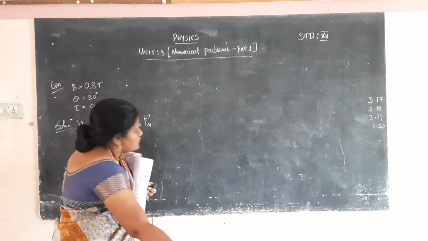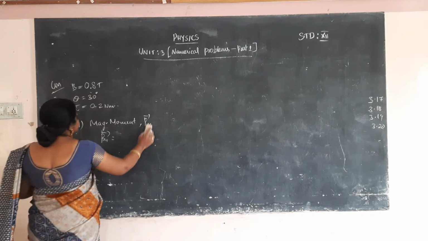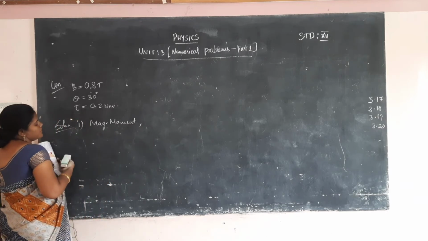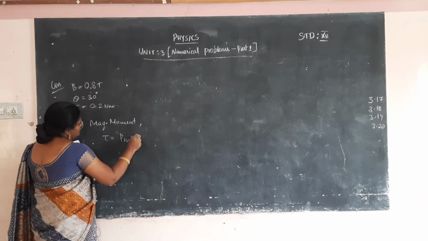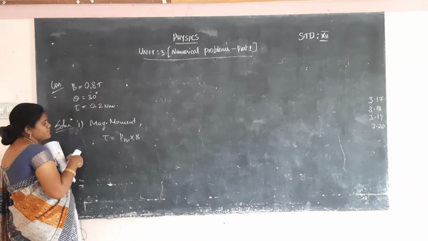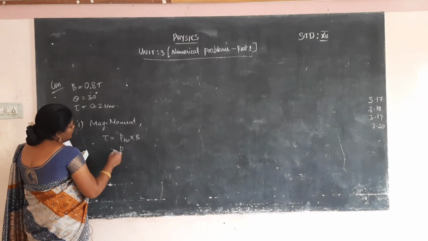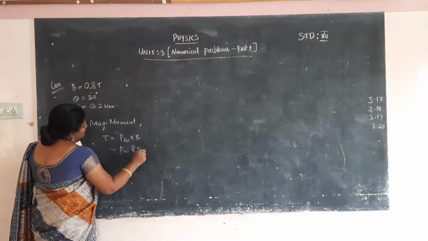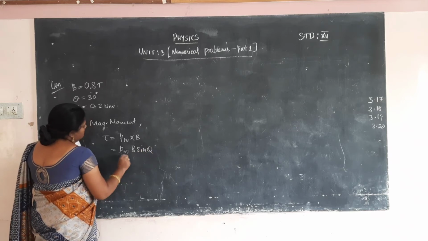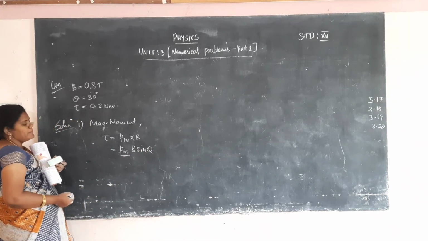Torque formula, torque tau is equal to Pm cross B, magnetic moment cross magnetic field. So Pm cross B is equal to Pm B sin theta.